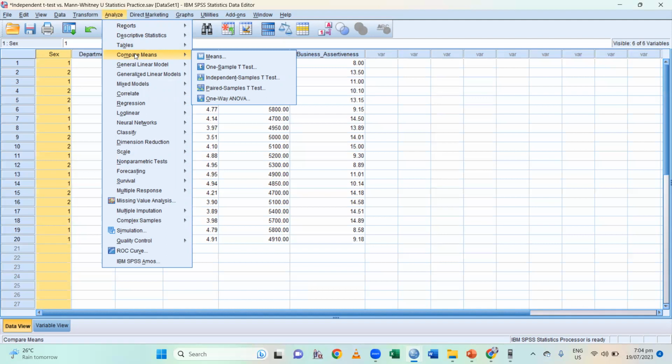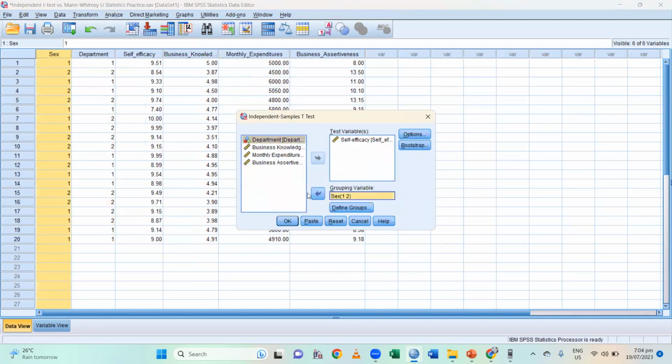And after you go to Compare Means, you will actually go to Independent Samples T Test. If you click it, it will show you this table. Take note, you could see earlier that there was something there because I did an initial practice earlier. Now, suppose it gives you something like this.